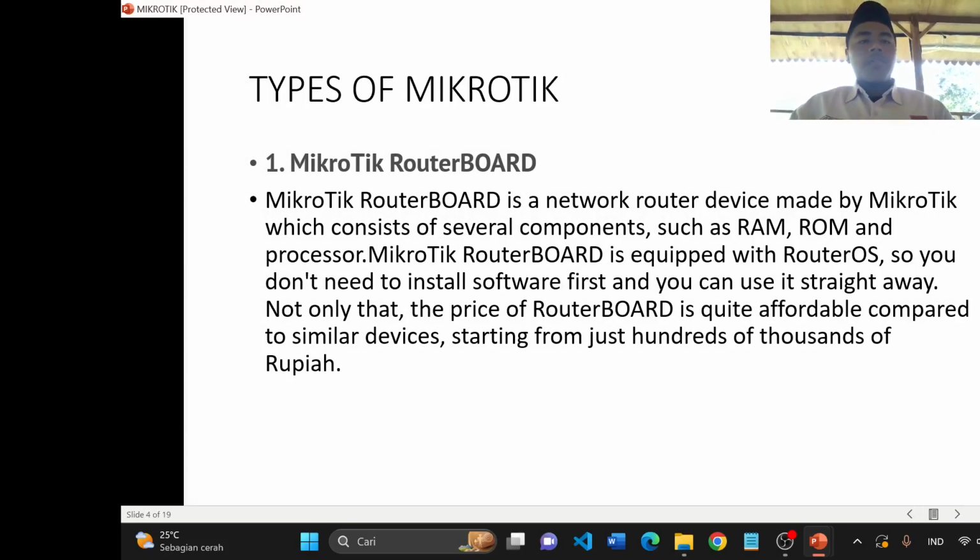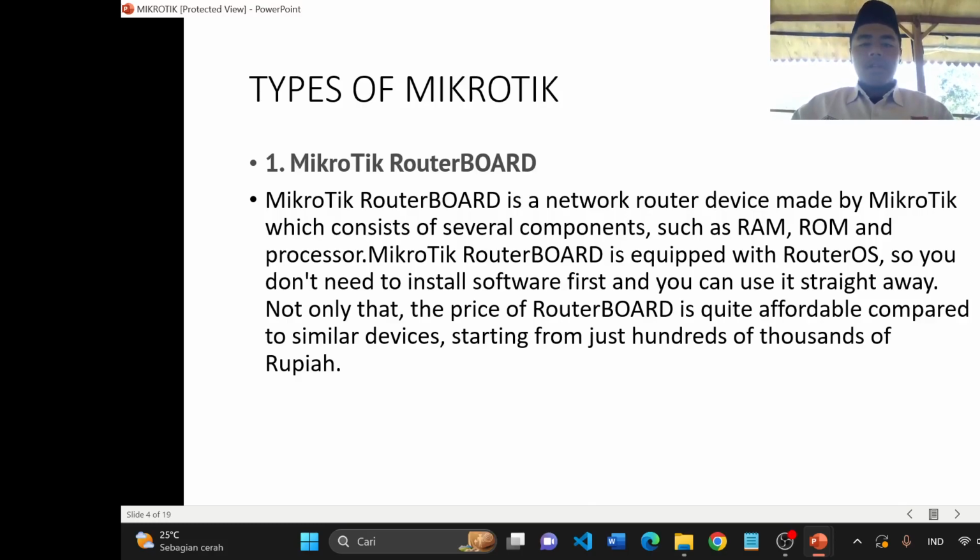Types of Mikrotik. 1. Mikrotik RouterBoard. Mikrotik RouterBoard is a network router device made by Mikrotik, which consists of several components such as RAM, ROM, and processor.